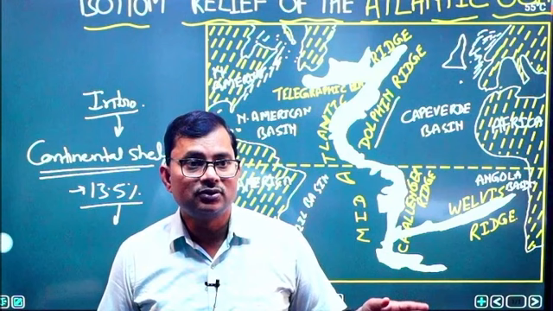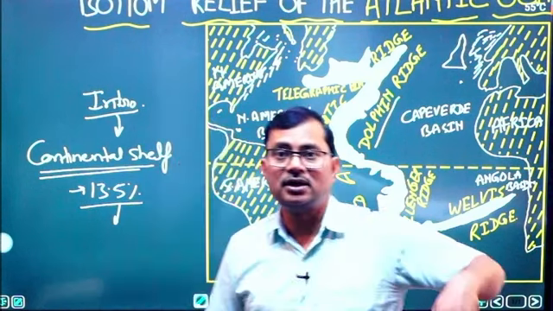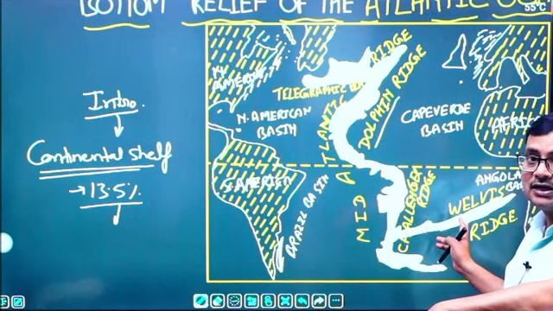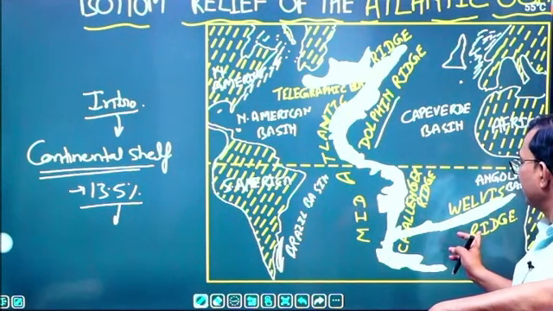The southern part is known as Challenger, and again the southern part has a southeastern extension which is known as Walvis Ridge.